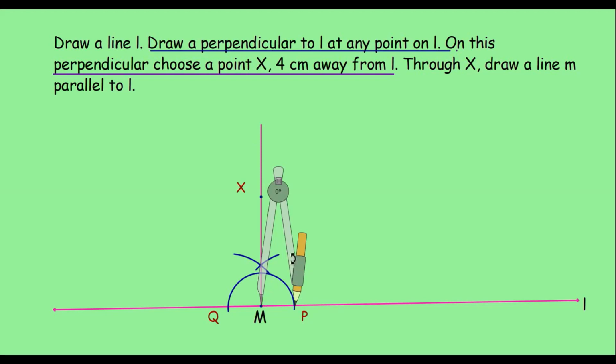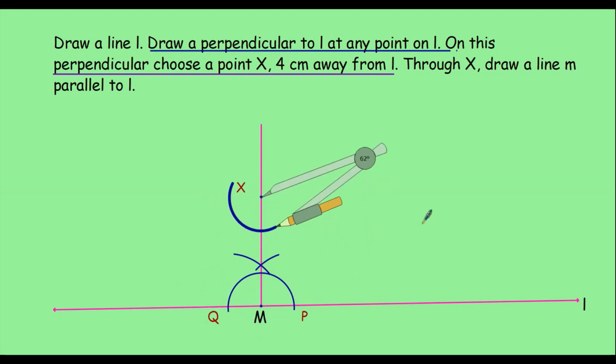Now with center M an arc is already drawn. With the same radius with the center X, you have to draw an arc on the opposite side. Then measure the length of this arc.